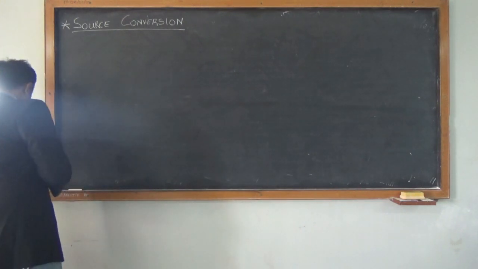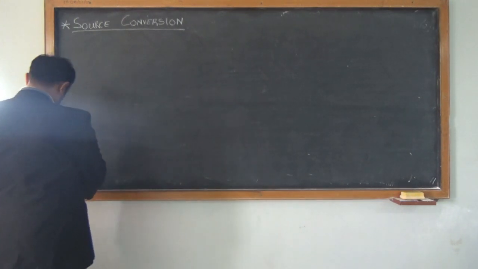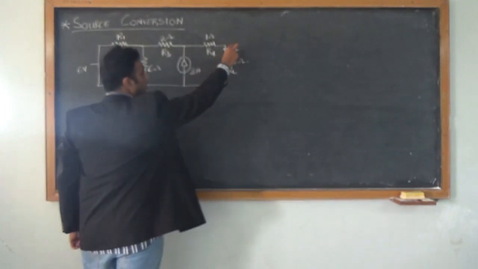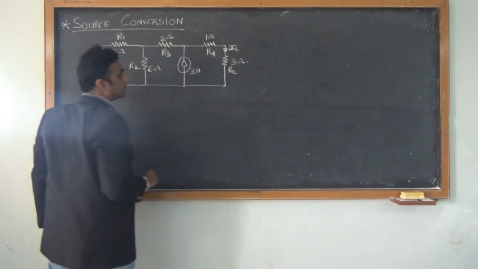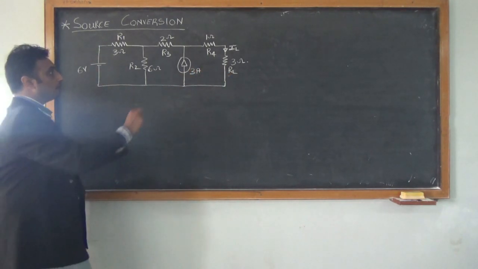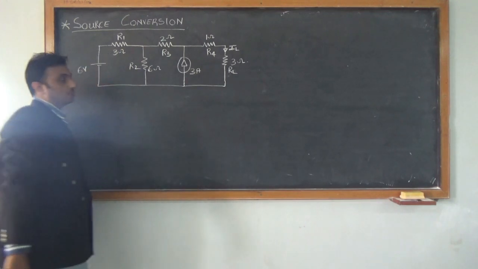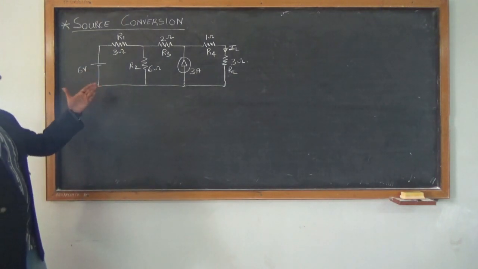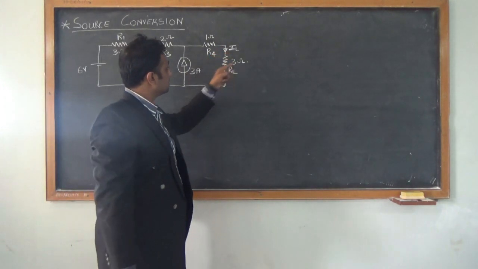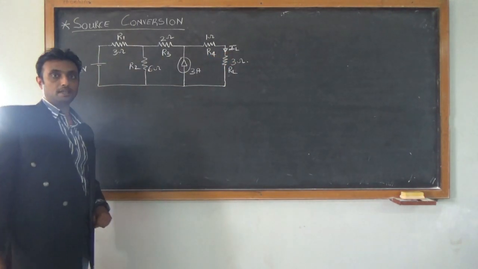So we'll take a problem down. Now I have to find the current flowing in this 3 ohm resistor, or flowing through RL. So how can I find my current? The problem is: using the source conversion technique, find the current flowing in this 3 ohm resistor.